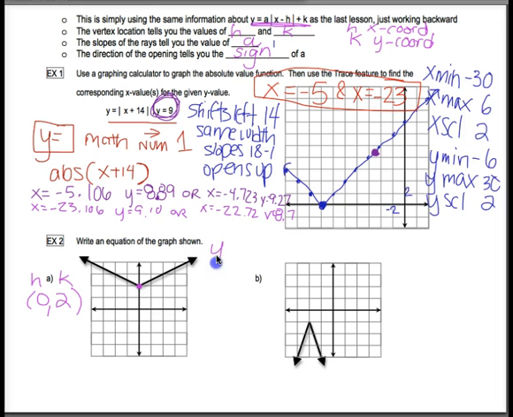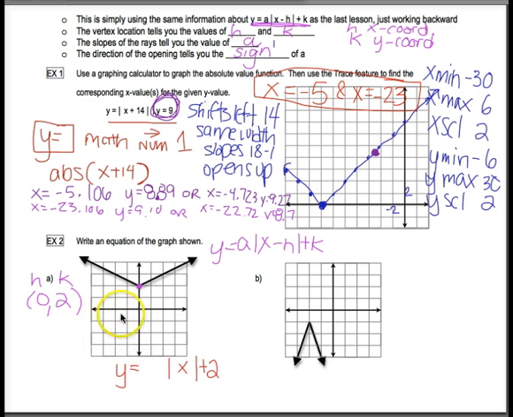So if I'm plugging it into y = a|x - h| + k, it's going to be y = |x - 0| + 2. I don't need the minus 0, so I'm leaving space for my a value, x, and I'm just going to close the absolute value. My plus k, in this case, is plus 2.